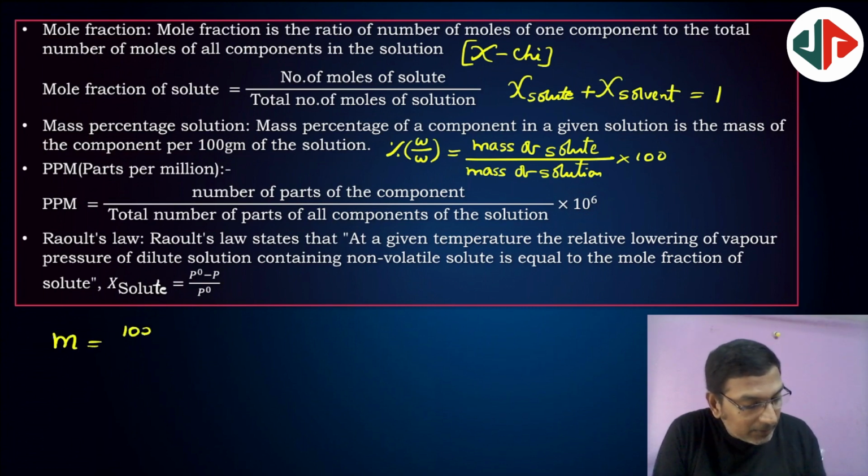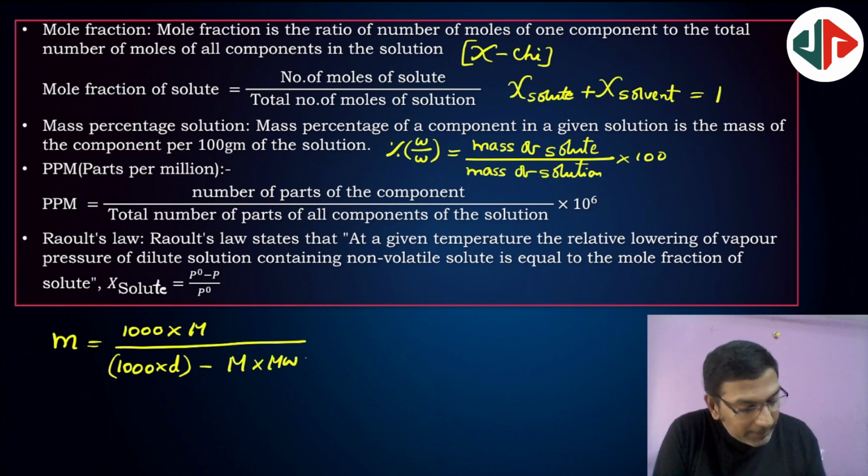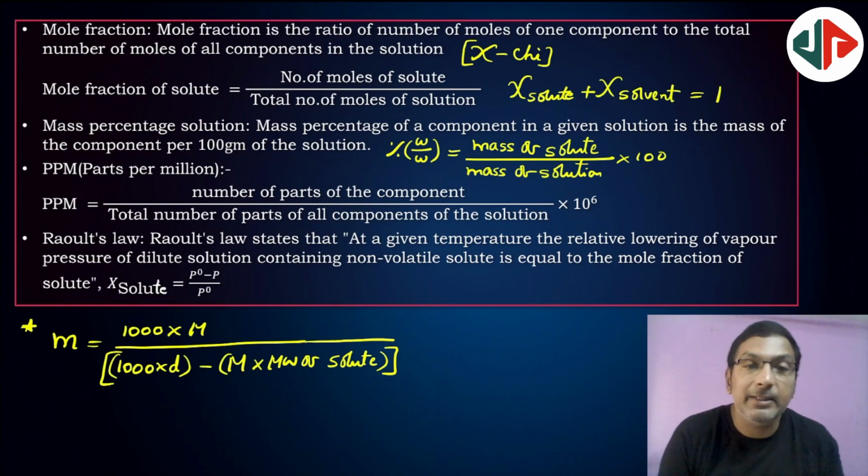Molality equal to 1000 into molarity by 1000 into density minus molarity into molecular weight of solute. This is a relation between molality and molarity. Remember this relation.